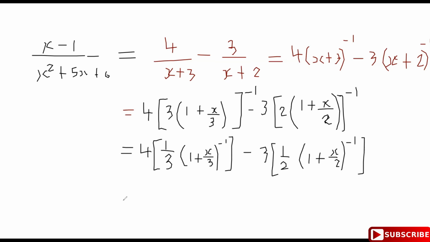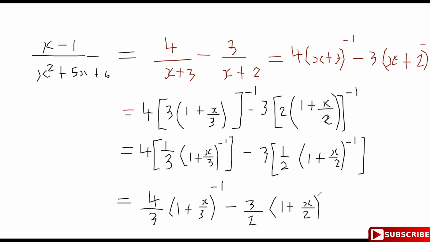Now you can simplify to rewrite all of this as 4 over 3 times (1 plus x over 3) to the minus 1, minus 3 over 2 times (1 plus x over 2) to the minus 1. Yeah, man, that's what you do.